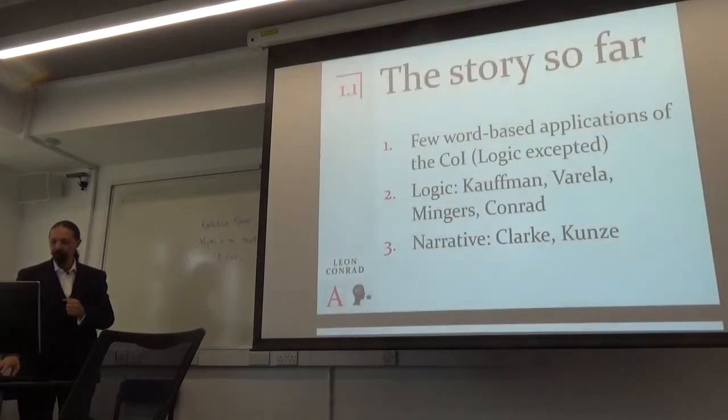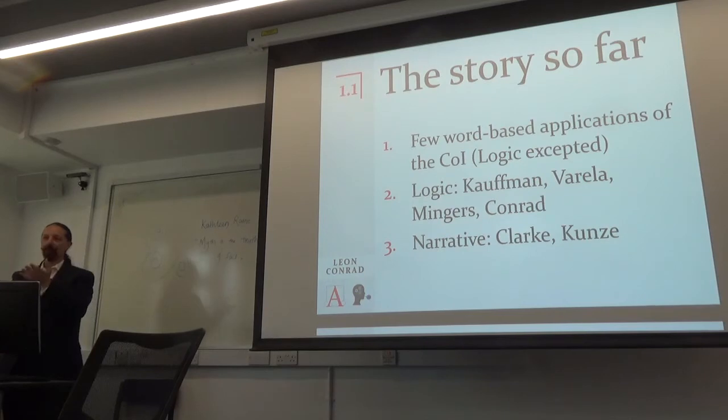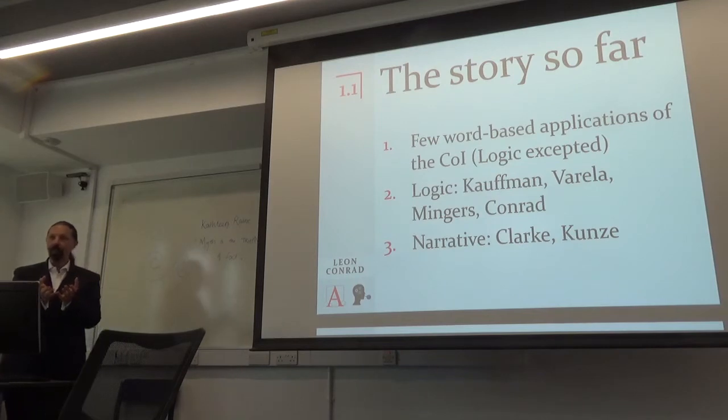By way of introduction, what's happened in terms of applying Spencer Brown's calculus to the analysis of story to date? Not much is the answer. In terms of trivium subjects, logic being the science of the thing as it is known, grammar as it is symbolized, rhetoric as it is communicated, most of the work in terms of the application of the calculus of indications has been in logic.